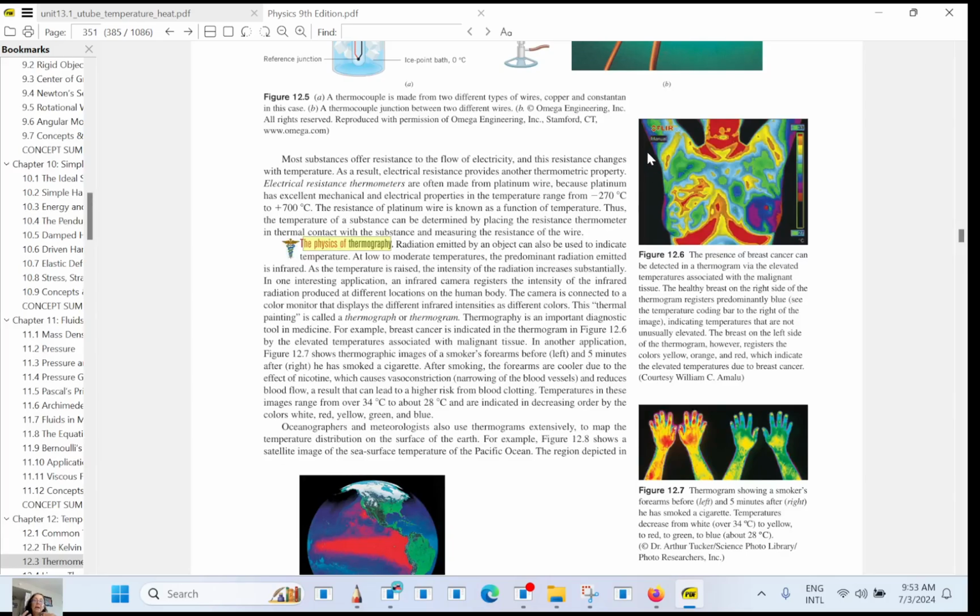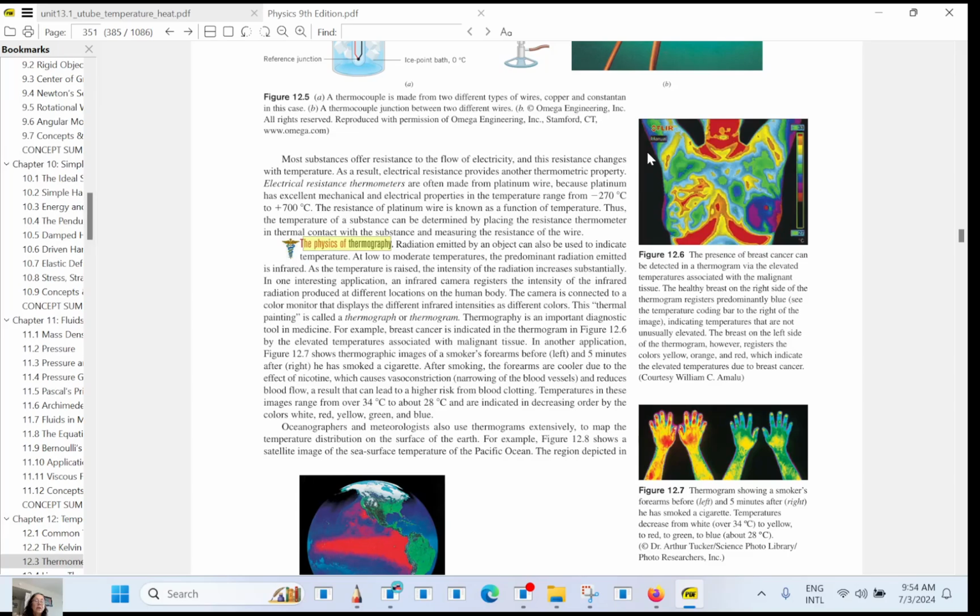Likewise, we are like a black body because we have a metabolism and we are burning fuel. So we are emitting radiation, and we are emitting in the infrared. Our body temperature, if we are healthy, is 37 degrees Celsius or 310 Kelvin.